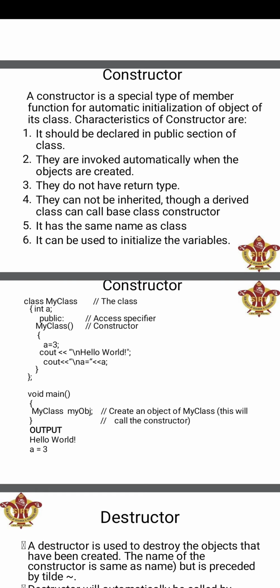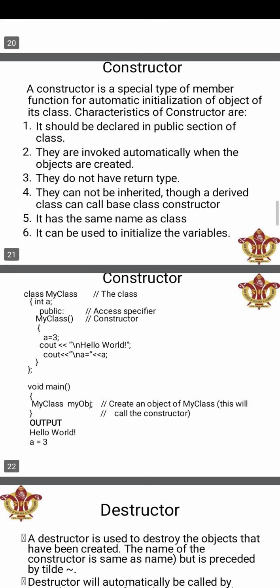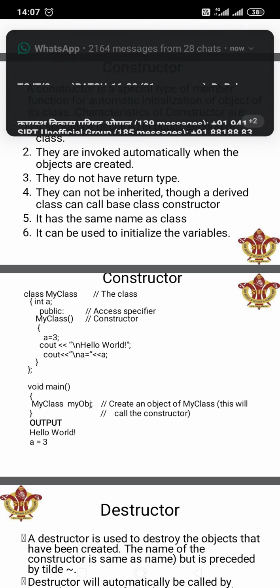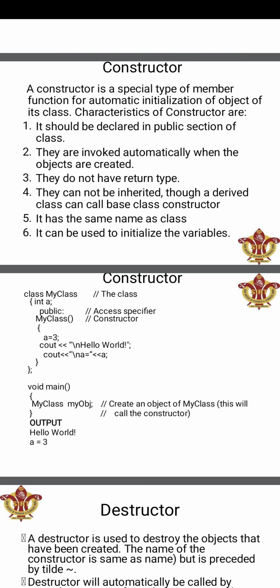Now let us study what the constructor is. First of all, the properties of constructors: it should be declared in the public section of the class. Second, they are invoked automatically when the objects are created. Third property: normal functions can return any value whatever we wish, but the constructor cannot return any value.